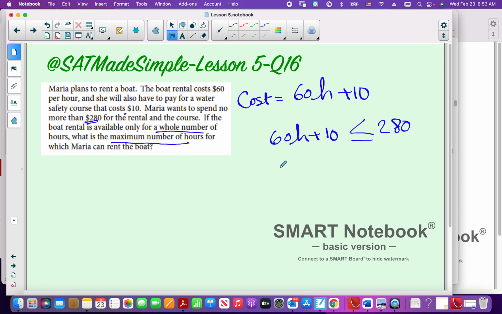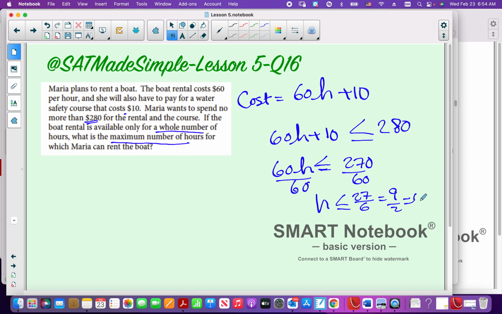Making h the subject, 60h is less than or equal to 270, divide by 60, so h is less than or equal to 27/6, which is 9/2, which is 4.5.